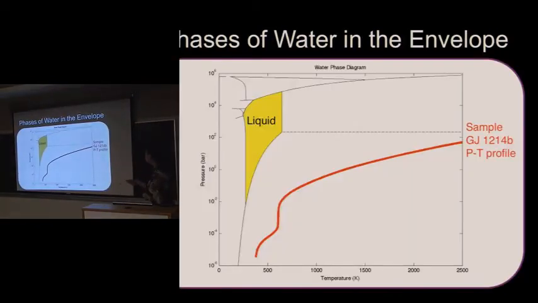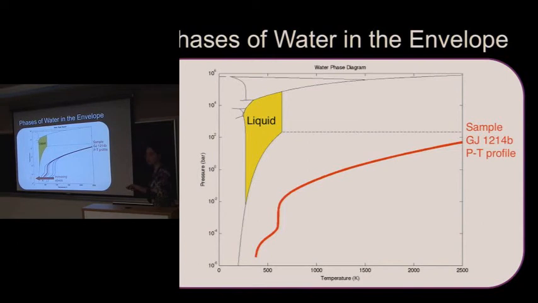On this temperature-pressure diagram, I'm showing the water phase diagram, where this highlighted yellow region shows the conditions where water is in the liquid phase. And this is a sample pressure-temperature profile for GJ 1252. You can see by playing with some of the uncertain planet parameters, we can see how this pressure-temperature profile is affected.